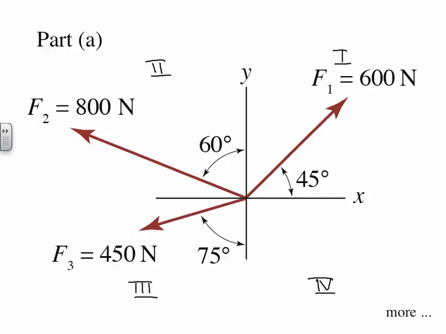Force F1 is in the first quadrant, so both its x and y components are positive. Force F2 is in the second quadrant, so its x component is negative, but its y component is positive. Force F3 is in the third quadrant, so both its x and y components are negative.